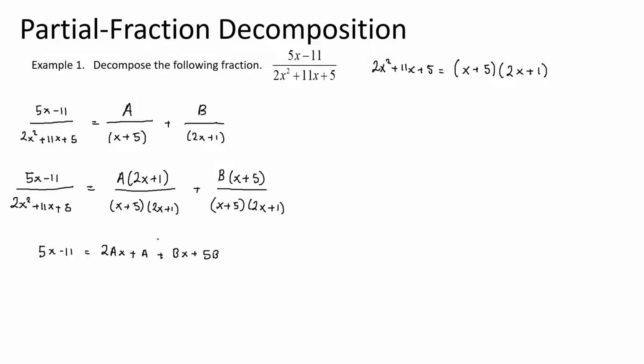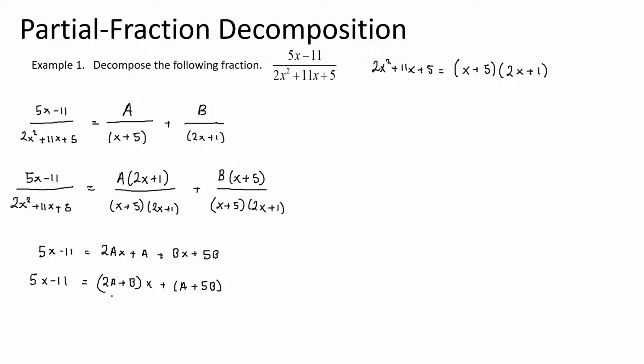Again, I got these values by distributing A to (2x plus 1) and B to (x plus 5). Now let's group them by x's and the constants. If you factor out x, you will have (2A plus B) times x plus your constant, which in this case is A plus 5B, and this will equal 5x minus 11.